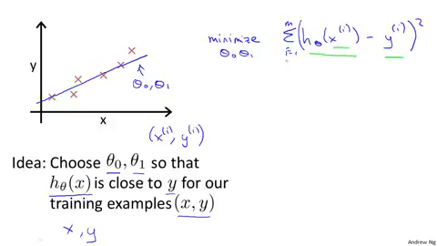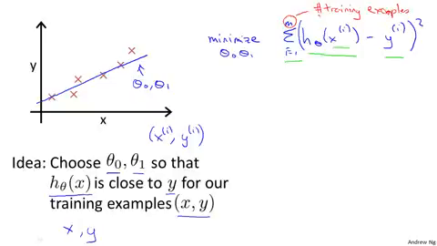And I want to minimize a sum over my training set, sum from i equals 1 through m, of the squared error, the squared difference between the predicted price of a house and the price that it was actually sold for. And just to remind you of your notation, m here was the size of my training set, right? So little m there is my number of training examples.